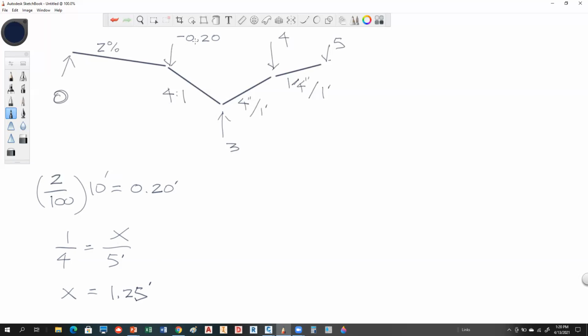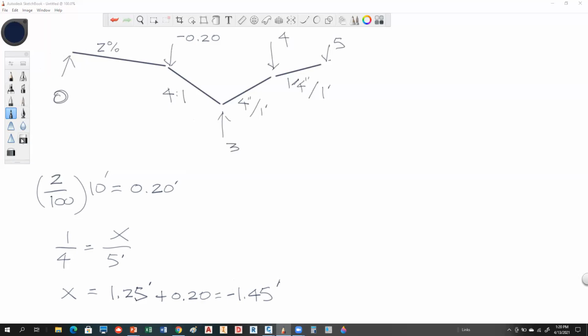So we're already 2/10 below, correct? So we're going to add to this 0.2, which will give us a negative 1.45 feet. So what this tells me is that this point is 1.45 feet below the center line.